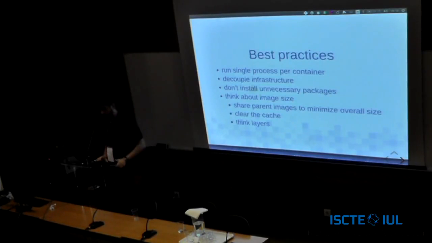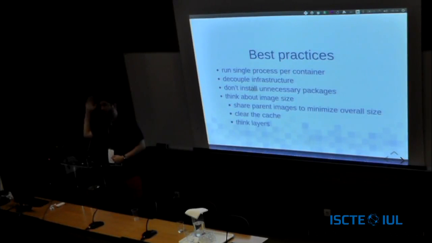Remember to clear the cache, because we must think about the place where we run our application, and we try to keep everything as simple and as clean as possible. Also think about layers, because as I said, images can share the same layers. If we build from top to bottom, the top layers can be shared across all services, like the base image, for instance Alpine 3.6.